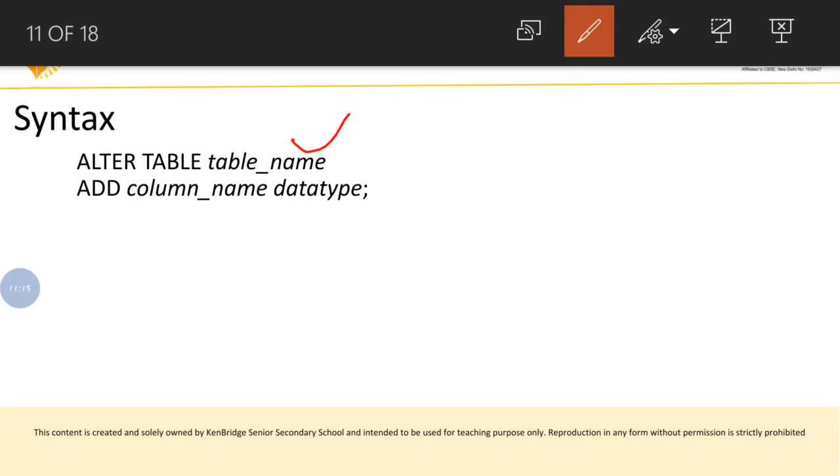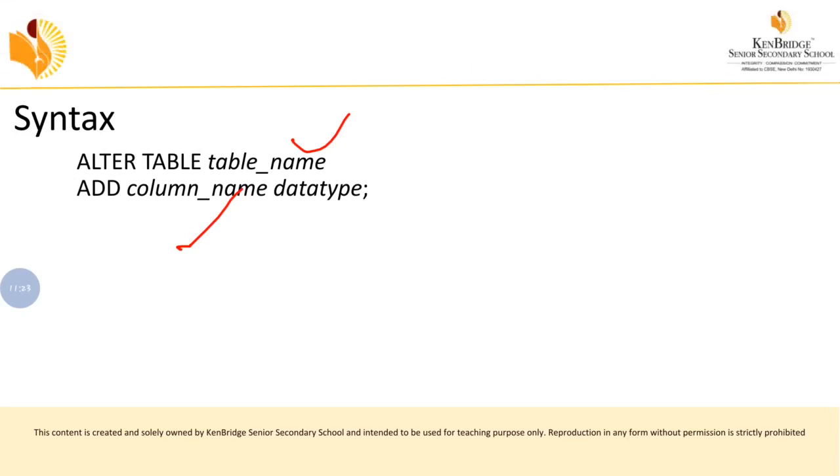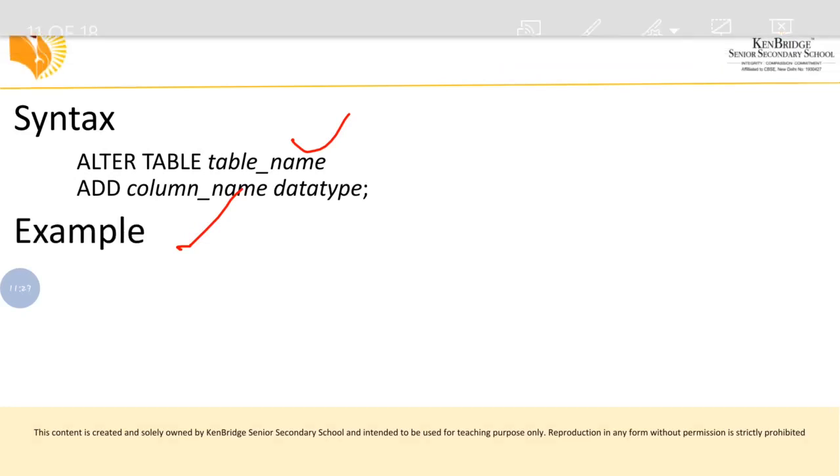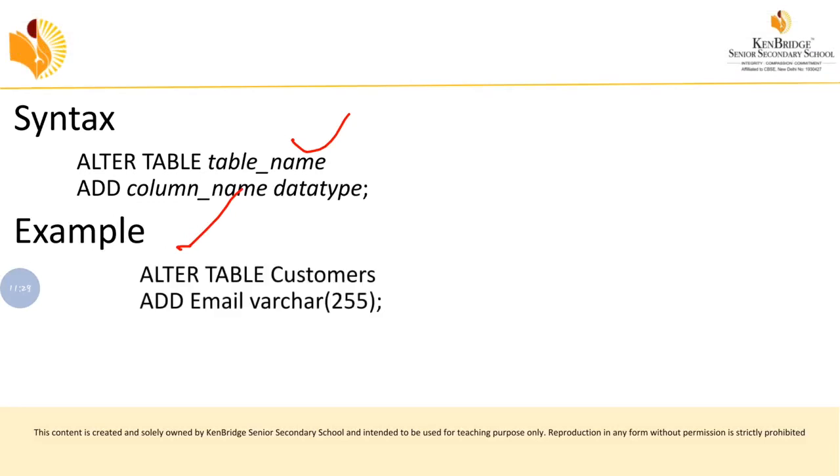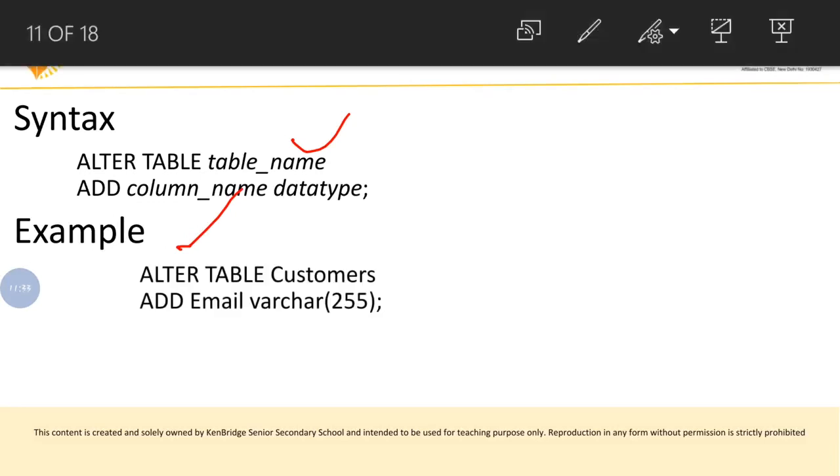We are going to add a column in that particular table. Let's see the example: alter table customers add email varchar(255). In the customers table we are going to add another attribute called email.